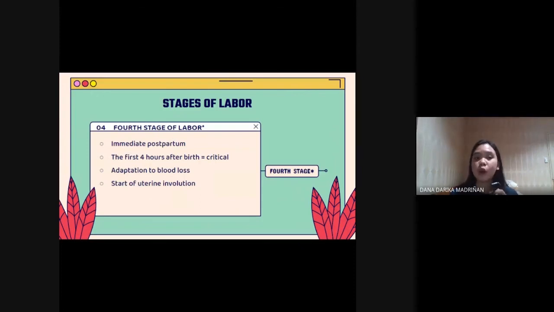She has to be monitored po by the nurses and the doctors to ensure that there's no complications at wala pong problema. Dito rin po nagsisimulang mag-adapt po si mommy sa blood loss po niya, and bumabalik po yung uterus sa dati niyang anyo, yung matres po bumabalik po sa dati. And we call this process as the uterine involution.